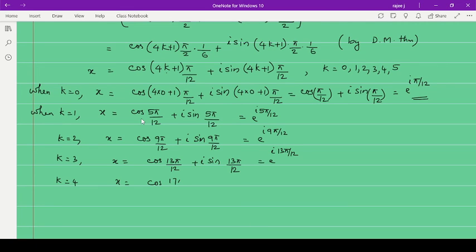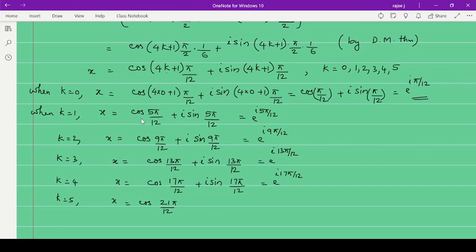And when k is equal to 5, x is equal to cos 17 plus 4, 21 pi by 12 plus i sine 21 pi by 12, equal to e raised to i 21 pi by 12.